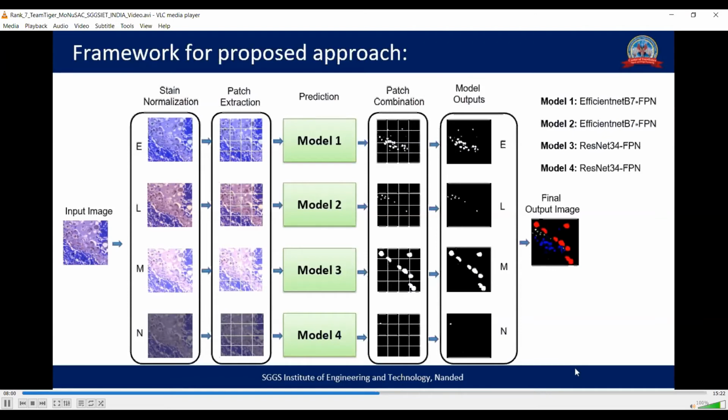Now these 4 stain normalized images are given to the patch extraction block, where patches of the images are extracted. The model then processes the input patch and yields the output patch. All the patches of the same image are then combined in the patch combination blocks. Thus, we obtain 4 different outputs from 4 different models for each single input image.